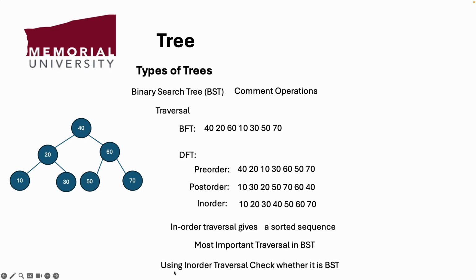If you want to check whether it is a binary search tree, you can use the in-order traversal to verify it. If the in-order traversal gives a sorted sequence, this is a binary search tree.